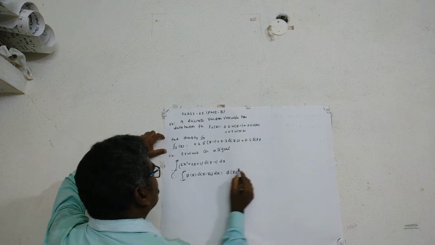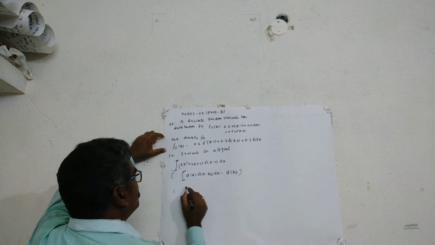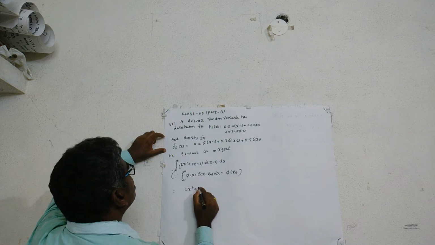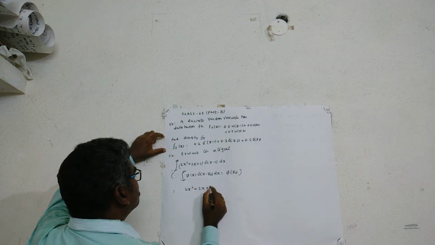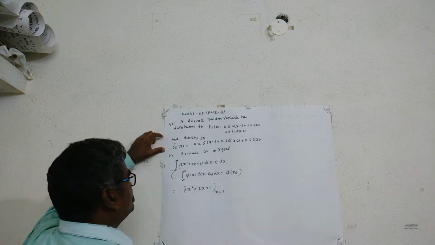Then what will we get? It is equal to 2x square plus 2x plus 1 at x equal to 1.